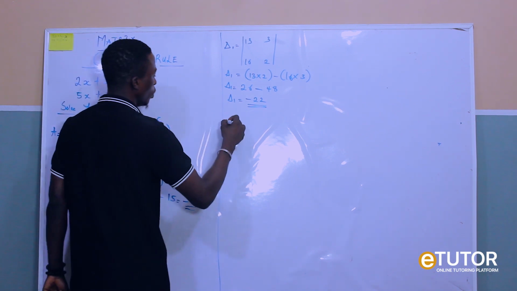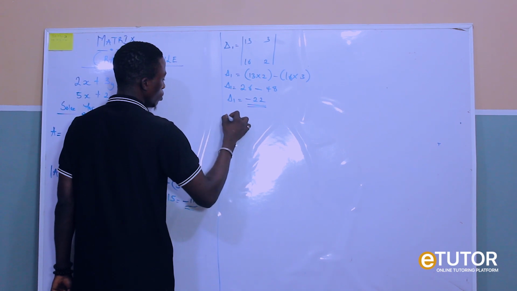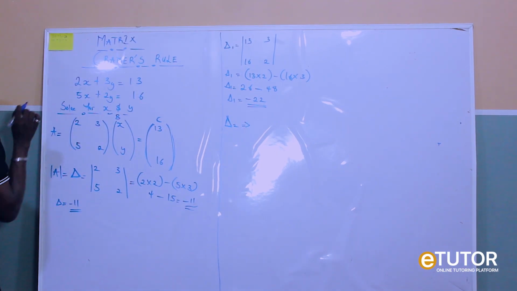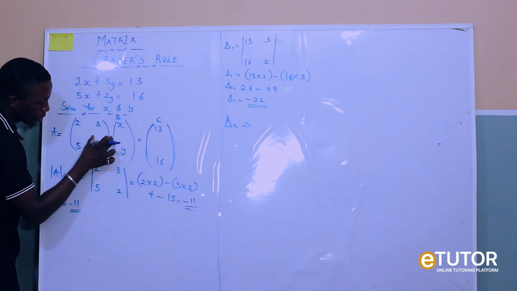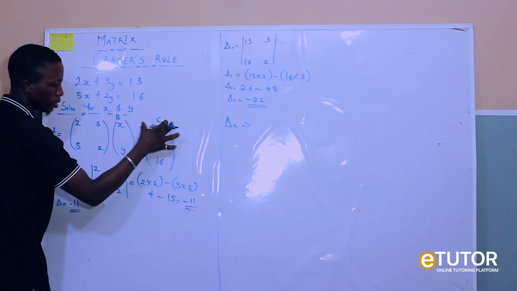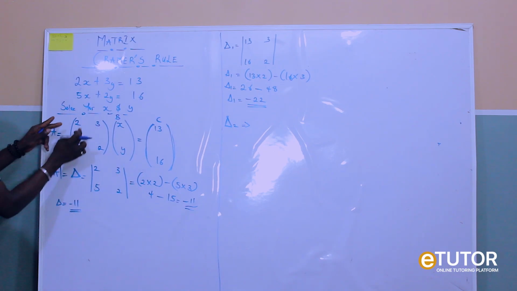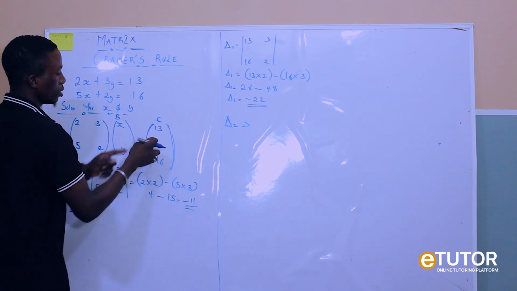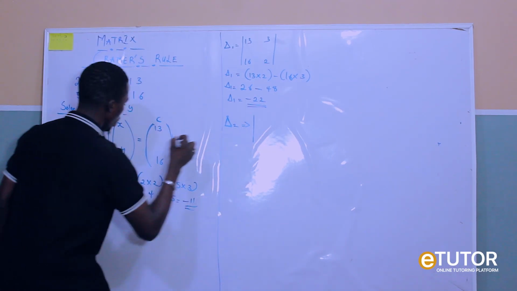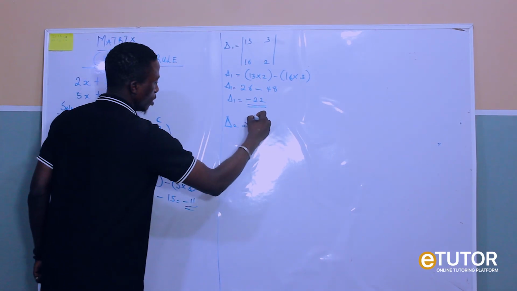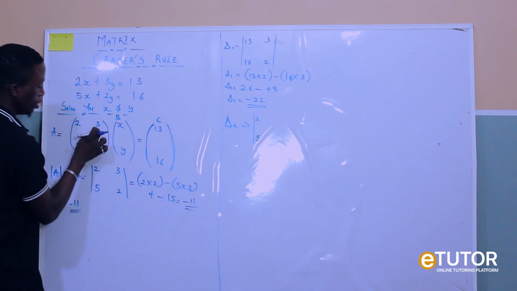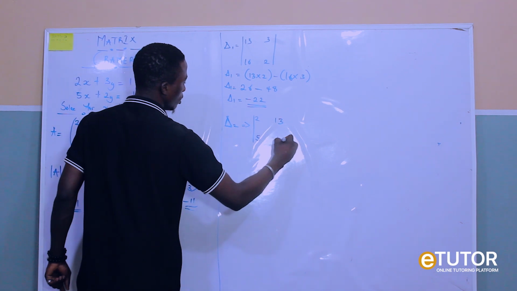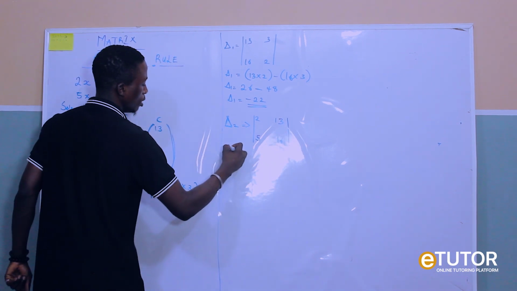The next step is to find your delta 2. So your delta 2 is simply you replacing the second column with this matrix C. You know delta 1 was to replace the column here with this. Delta 2 will now be to replace this one with this. So now this would remain the same. So we'll have 2, 5, while this will change. It will now become 13 and 16. So we're going to find the determinant of that.